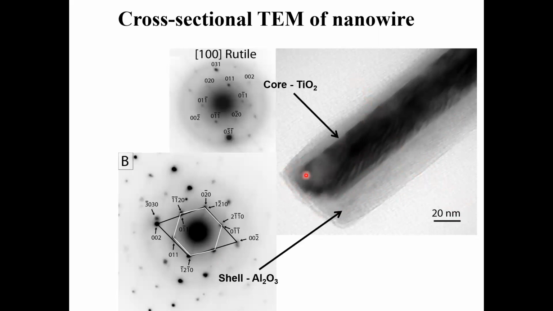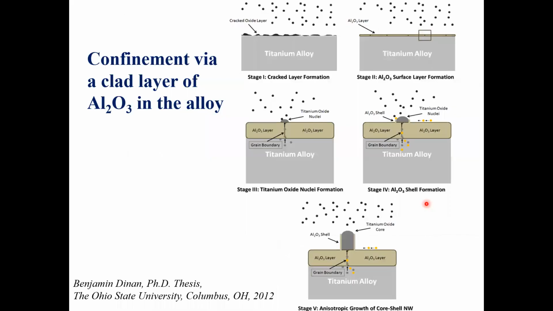So the oxidation happens preferentially at the tip, and TiO2 will keep on growing, with aluminum oxide as a shell protecting the one-dimensional and isotropic growth. You can see a cartoon of the mechanism that I copied from the PhD thesis of my student Ben Tynan.